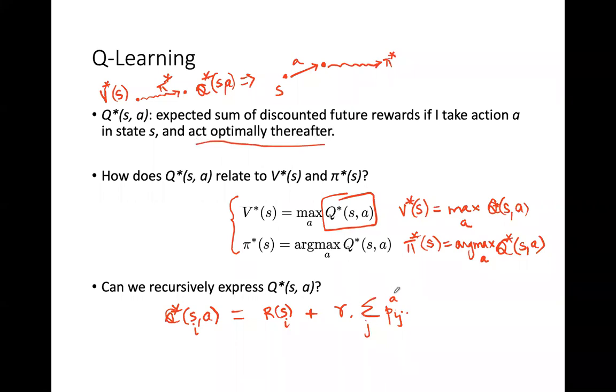We're now going to assume that in the future, this agent is going to act optimally. It's going to take the best possible actions moving forward. So if the agent does that, then we should take the state S_j we find ourselves in, and the value of acting optimally in that state forever into the future, well, that's precisely the definition of V star.